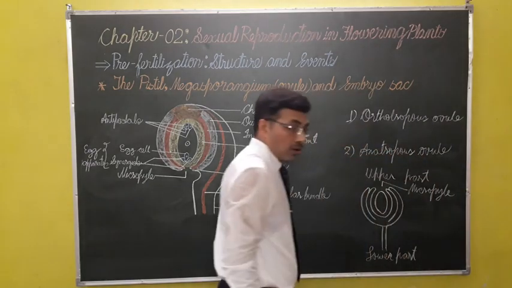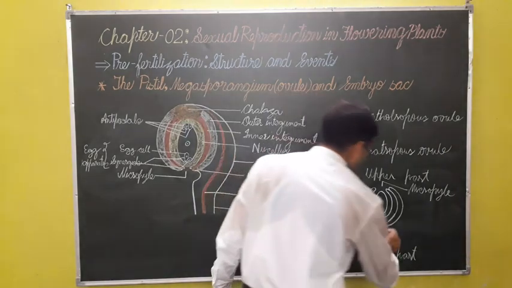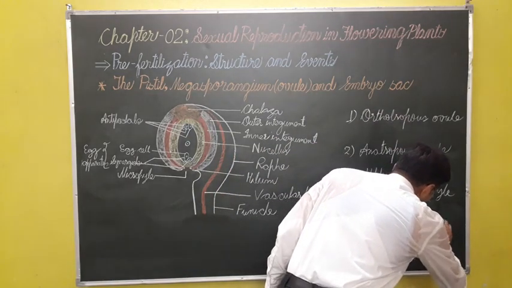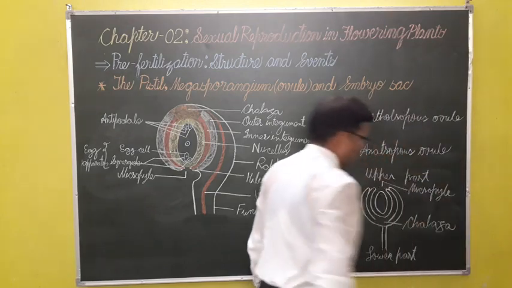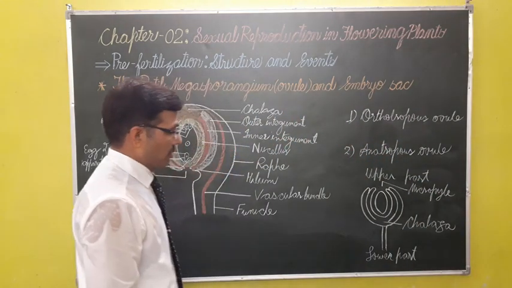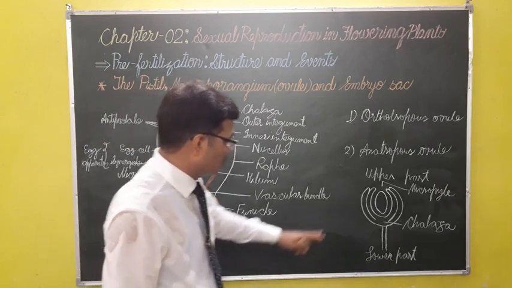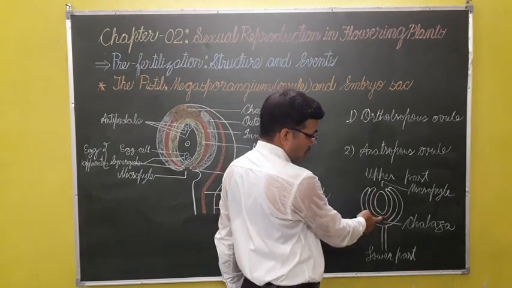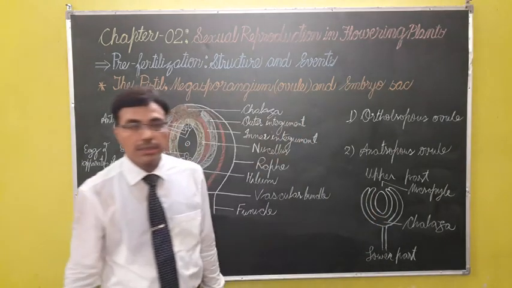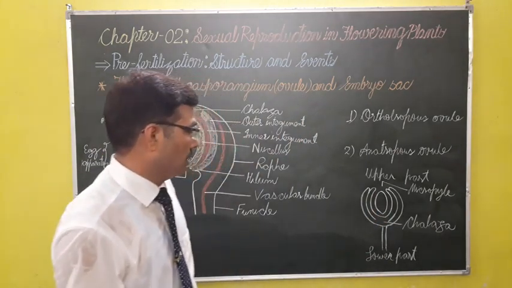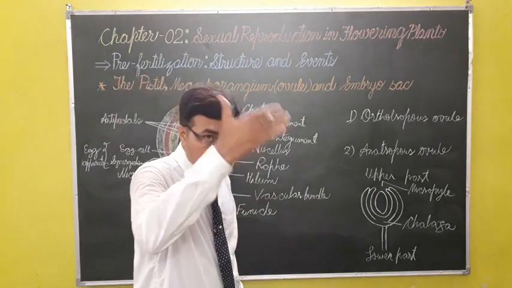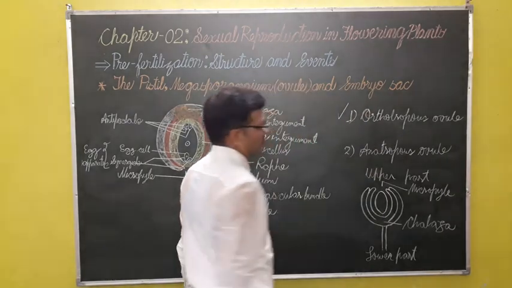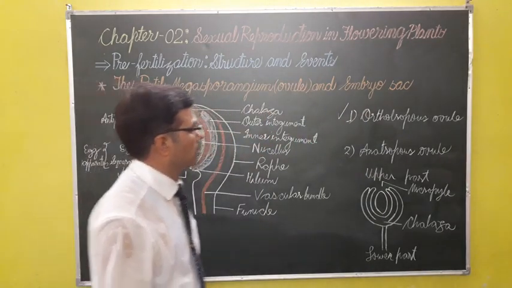While the lower part always shows the chalaza. Right? So if an ovule shows this type of arrangement in which the micropyle, the chalaza and the funicle are in a straight line, that type of ovule is called orthotropous. Right?